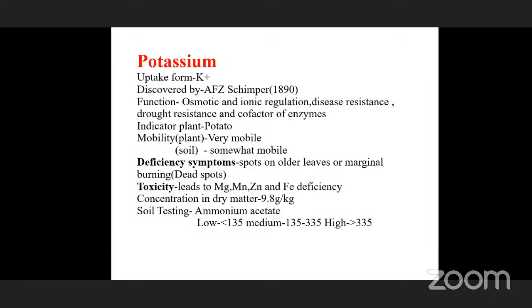The concentration in dry matter is about 9.8 gram of potassium per 1 kg of dry matter. For soil testing, we use ammonium acetate reagent. It is considered low when the potassium content is less than 135 kg, medium at 135 to 335, and high above 335.